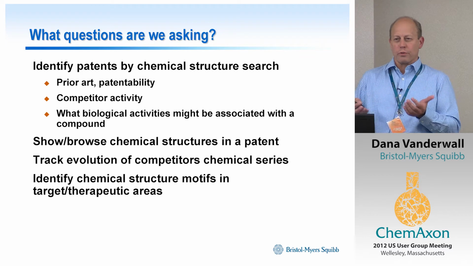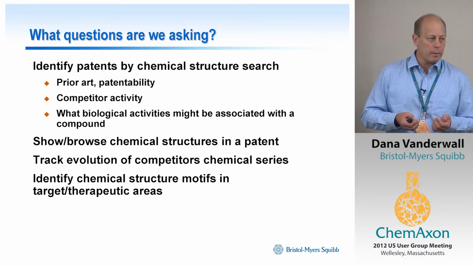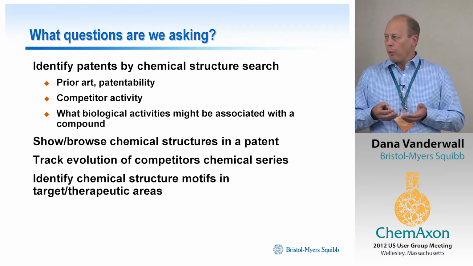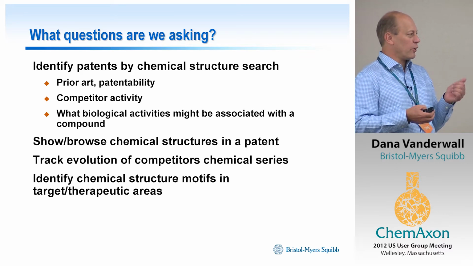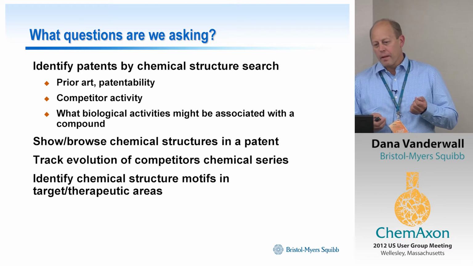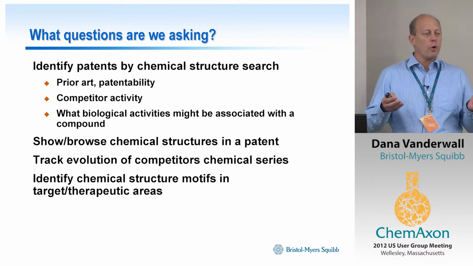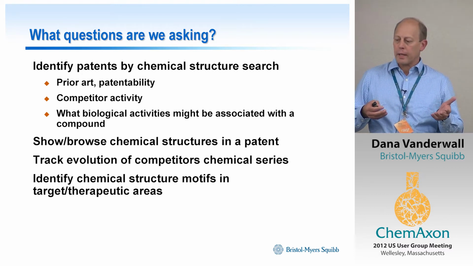And so that gives us sort of a surrogate measure of what the activity of that compound might be. It's the poor man's version of the very sophisticated Bayesian approach that John was telling us about earlier to some degree. And then you want to be able to show and browse the chemicals in a patent.